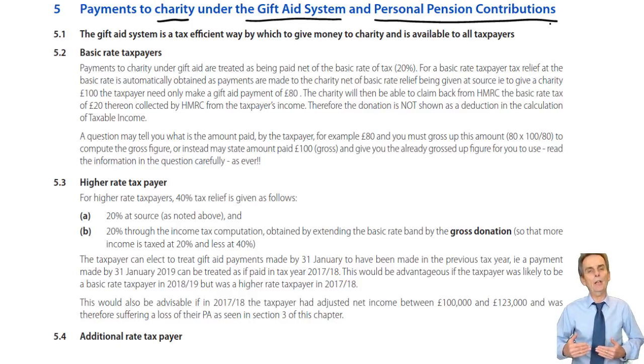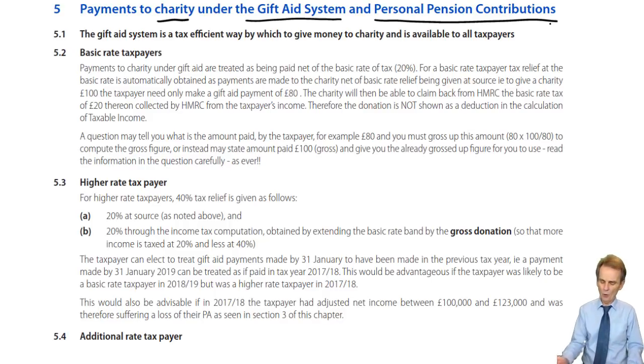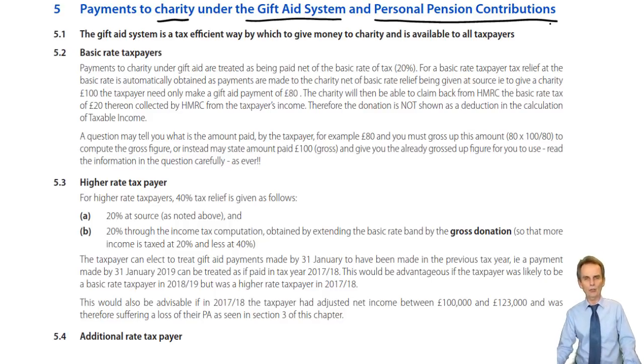Now, when we made a qualifying loan interest payment, that was a deduction from total income to give us net income. These two types, the payments to charity under the gift aid system, or payments into our personal pension scheme, personal pension contributions, neither of these will show on the face of that income tax computation as a deduction.